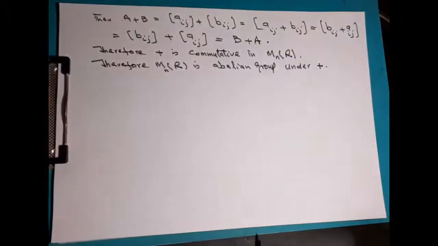So we have established about addition that MnR is an abelian group under addition.